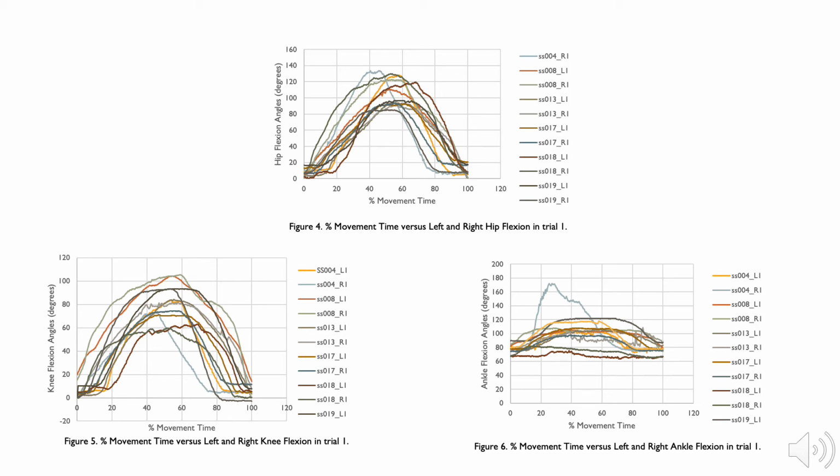We see that the trials are pretty consistent throughout each participant in comparison to figure 6, which has more linear lines as well as more parabolic looking lines.